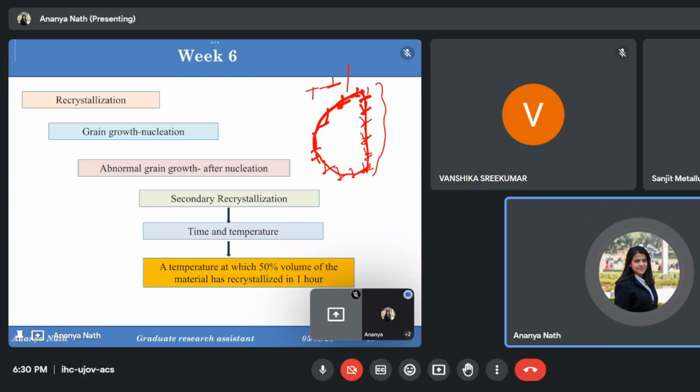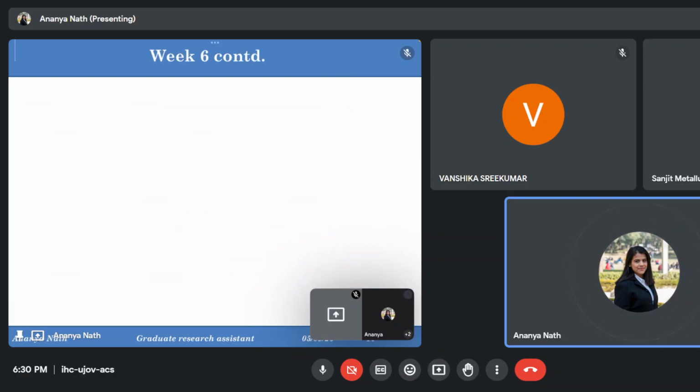But it may happen that if you have somehow changed the cold working, that specific material will take less or more time to get recrystallized. So even if the definition of the recrystallization temperature is the temperature at which 50% volume of the material has recrystallized in 1 hour, it may change according to the cold working and some other environmental interference.